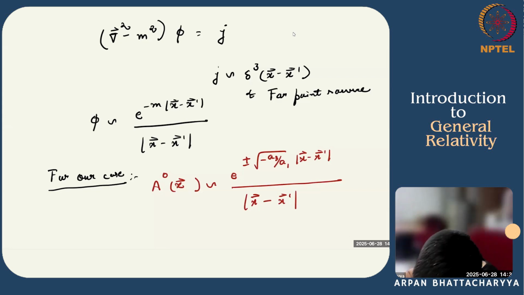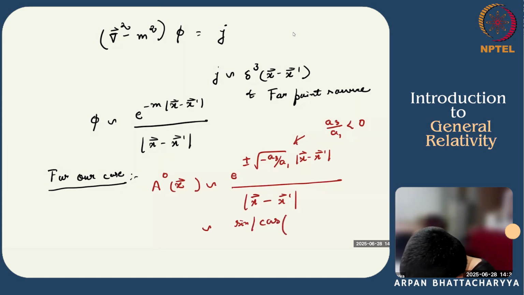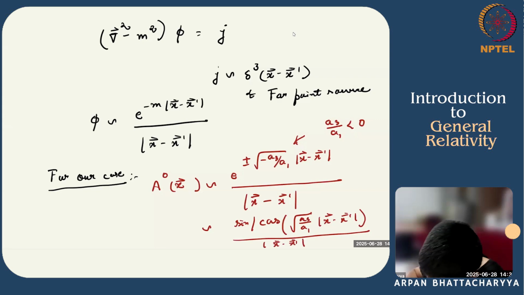So this is for the case that A3 by A1 is positive, and you can have sine or cosine of square root of A3 by A1 times, and this is for A3 by A1 positive.